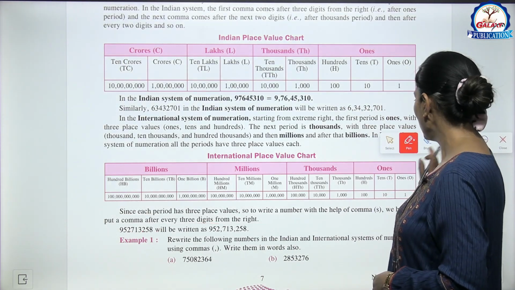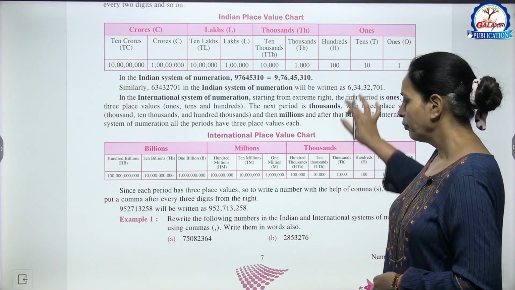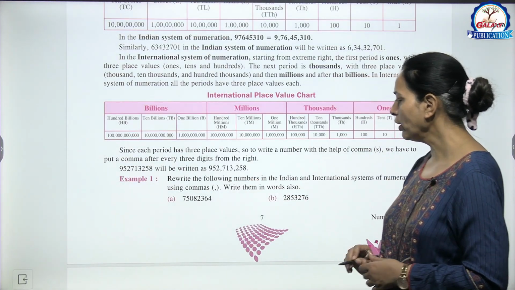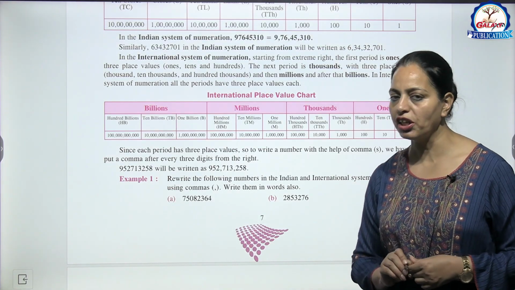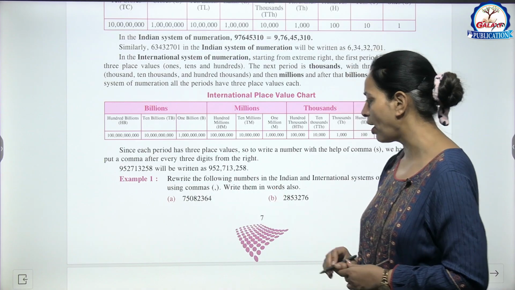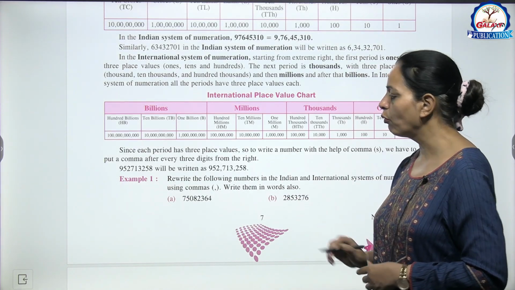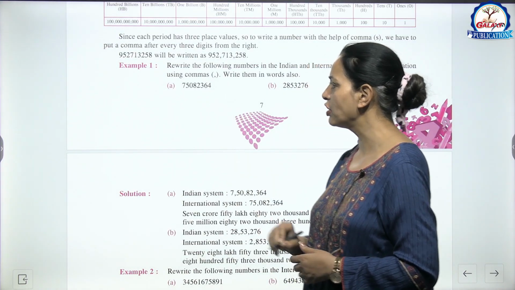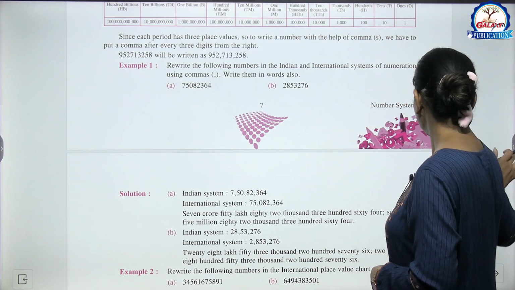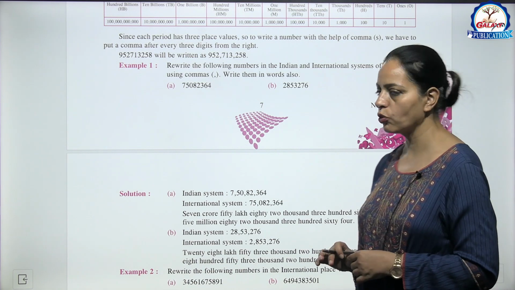Now come to example 1. Rewrite the following numbers in the Indian and international systems of numeration using commas. Write them in words also. See now A part, 7508234. So now what to do?